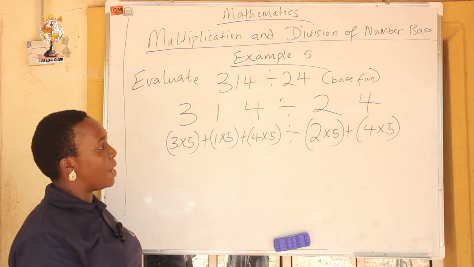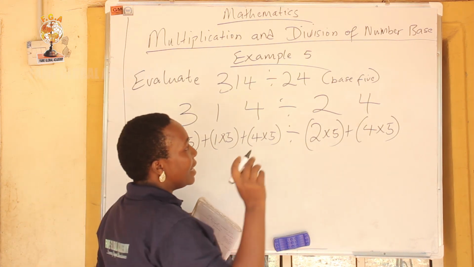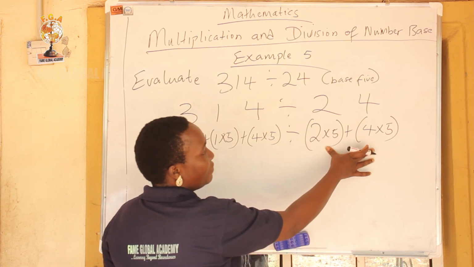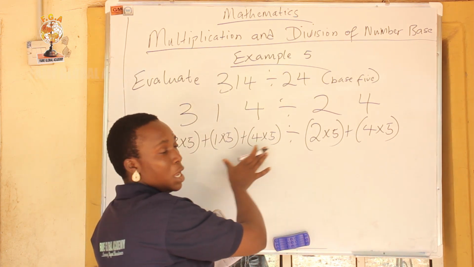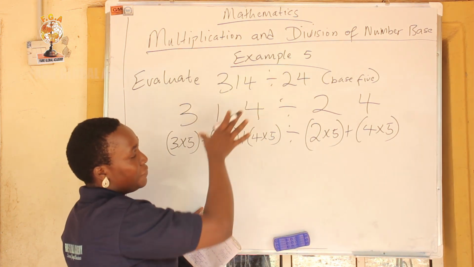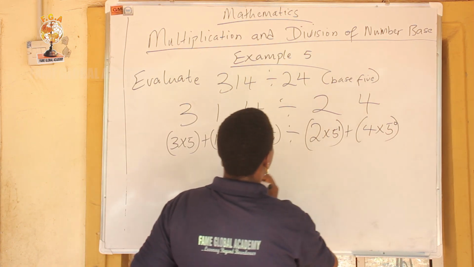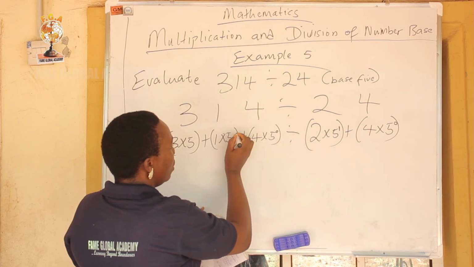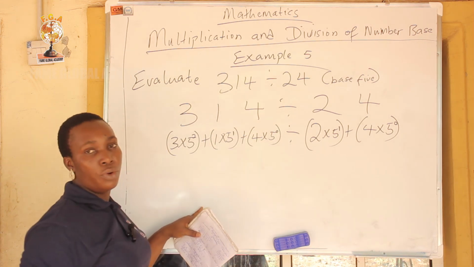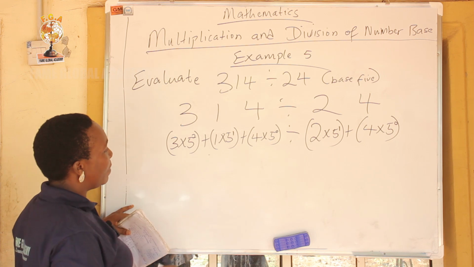Now, after you have expanded it, you now put your powers. This one has its own powers, and this one has its own powers. They don't come together because they are different numbers. So this one will have the powers 0 and 1, and this one will start again from 0, 1, and 2. Okay, so we'll now continue the expansion.